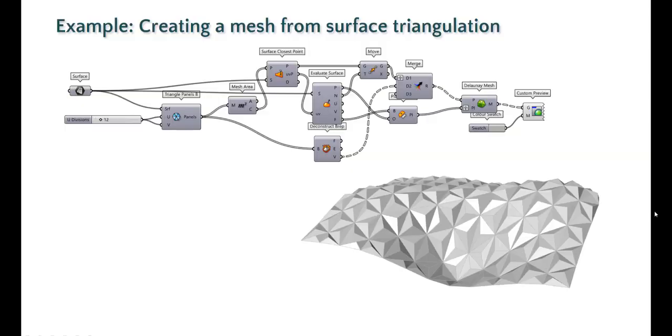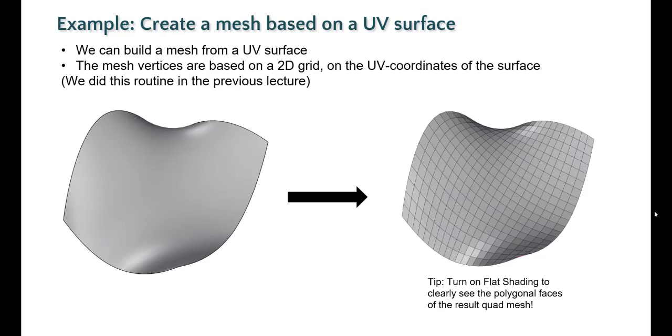Okay. So we can take any surface and create meshes based on that UV surface, right? This is similar to what Lunchbox is doing with that triangular surface. It was using the UV coordinates of that surface to make this mesh.